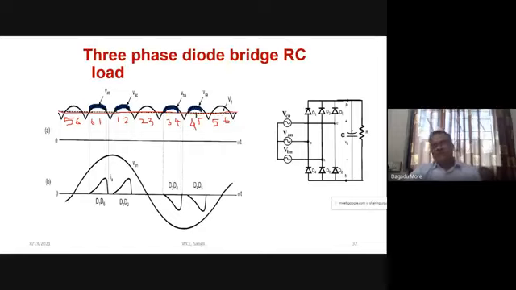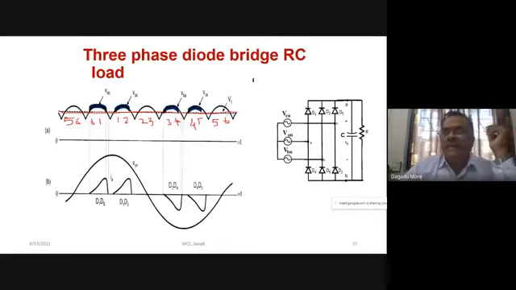So what is our conclusion here? D1 and D6 are conducting for less than 60 degrees. Each pair of devices is conducting for less than 60 degrees. A pair of devices means D1 and D2 will conduct for less than 60 degrees, and D3, D4 will conduct for less than 60 degrees.